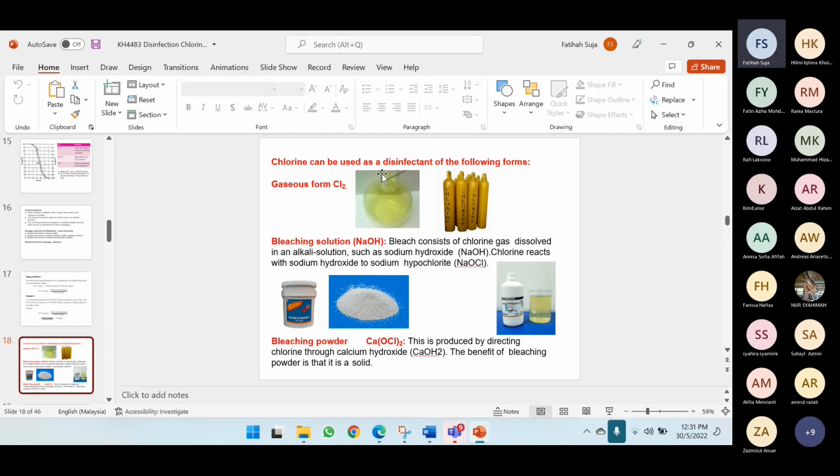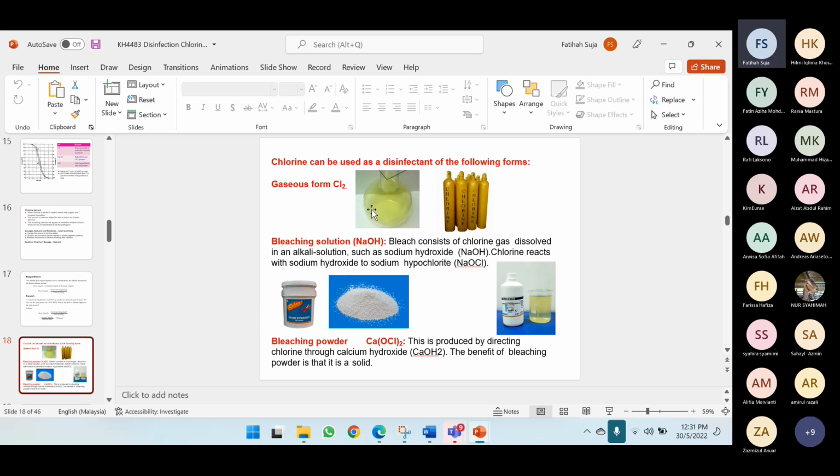Okay, chlorine can be used as disinfectant in the following forms. So even though you have chlorine, you can still choose what forms you want for your disinfection in your water treatment. You can use gaseous form of chlorine, which is a yellowish gas, and you have this tank of chlorine.